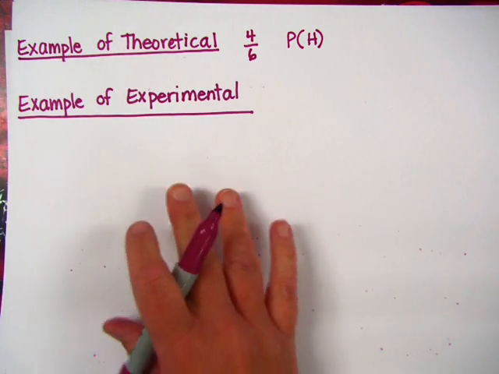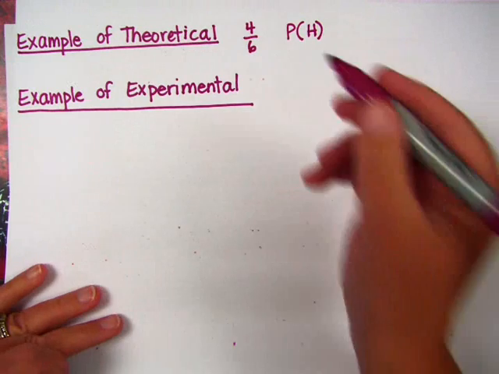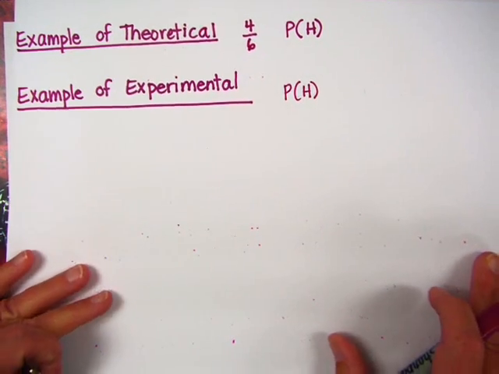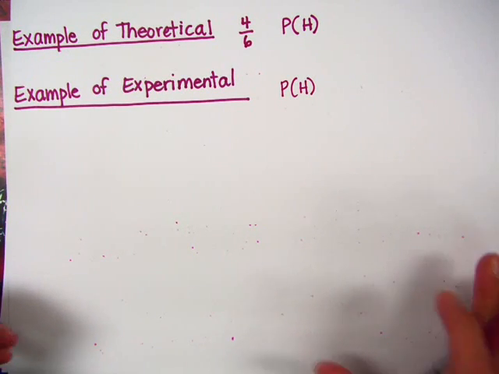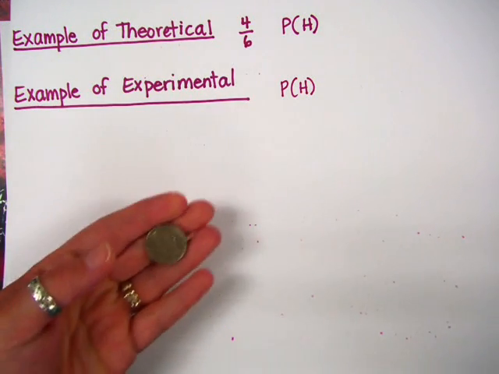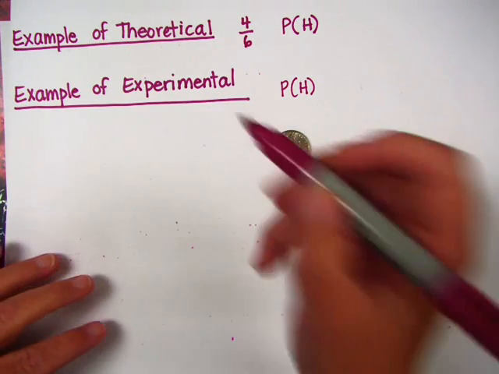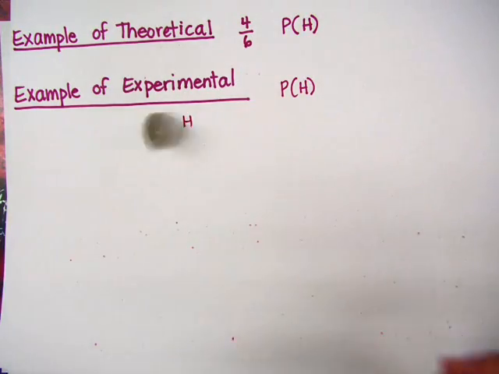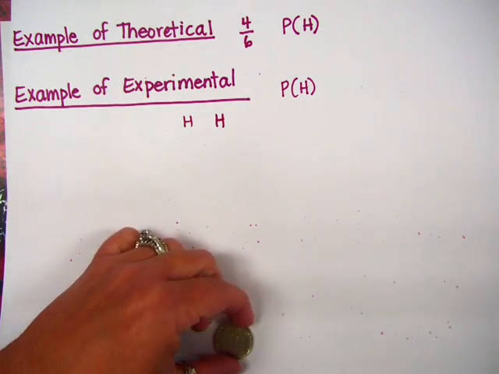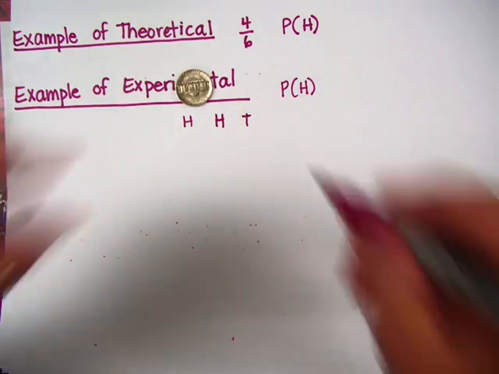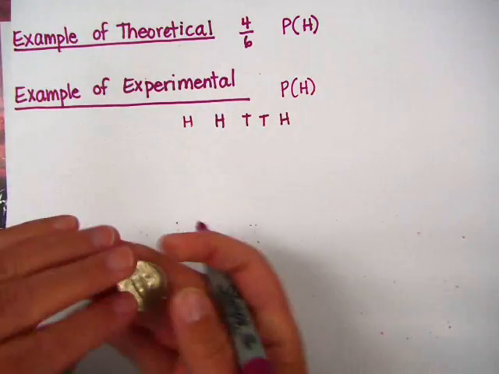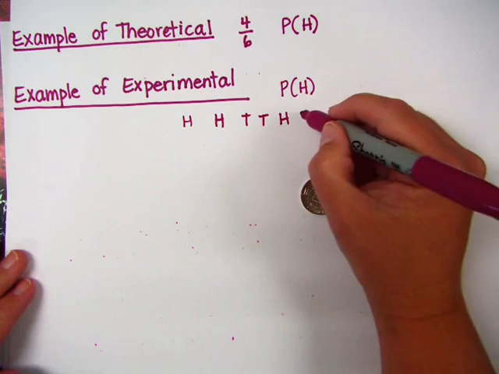But if we're talking about experimental probability, then we're actually going to flip this coin 6 times and see what comes up. So if I actually did the experiment, the first time is a heads, second time is a heads, third time is a tails, fourth time is a tails, fifth time is a heads, and sixth time was a tails.